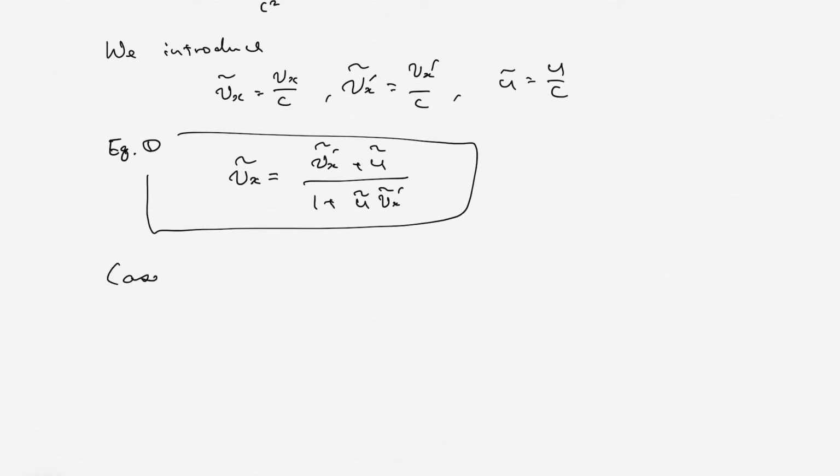So at first, case 1: v sub x prime is larger than 0 and u is also positive. In this case, from equation 1, we can easily recognize v sub x tilde is also positive.